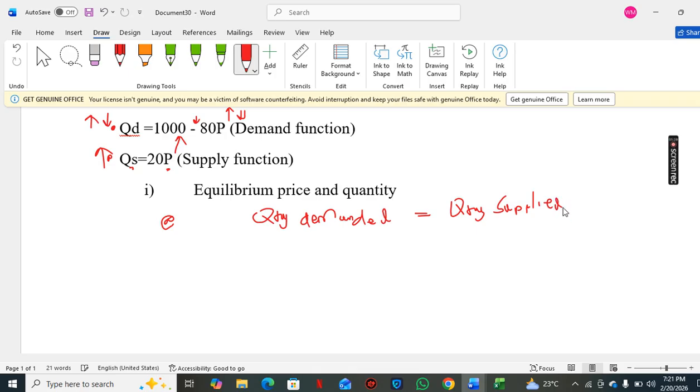Quantity demanded equals quantity supplied. And also another side note, the price the buyer pays is the money that the supplier receives.